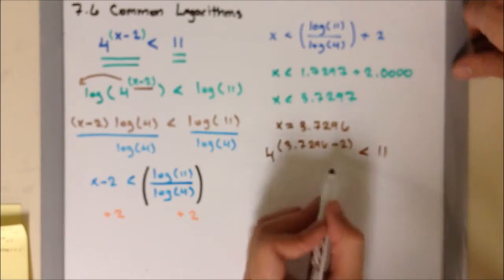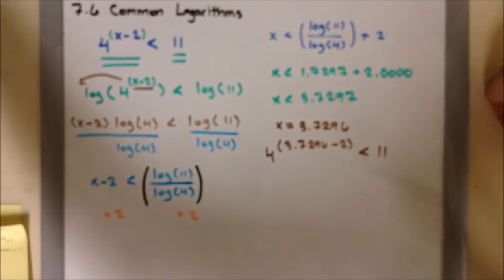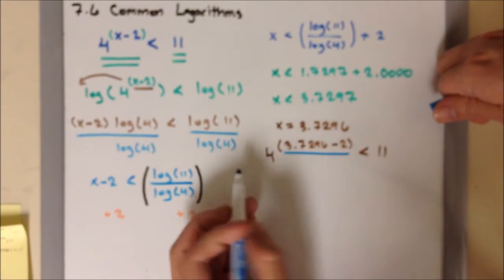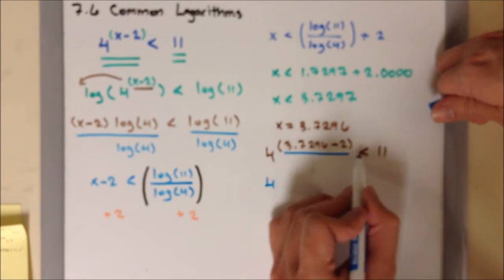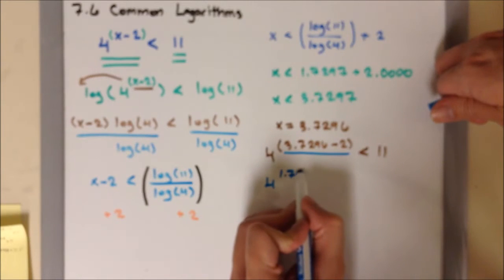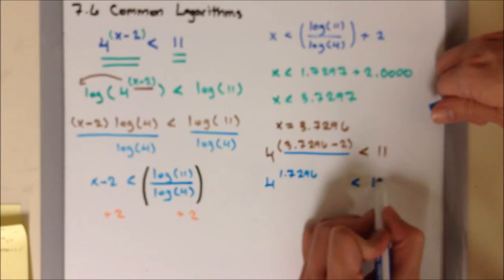You're going to work out the exponent first. So when you do 3.7296 minus 2, your exponent is going to be 1.7296. And supposedly it's less than 11.